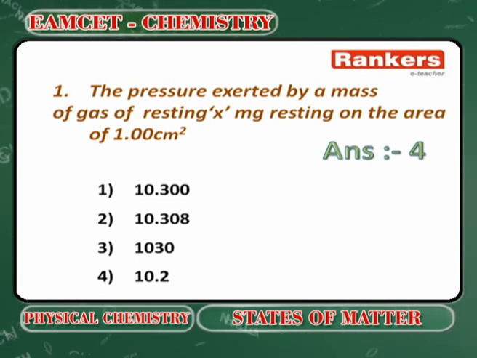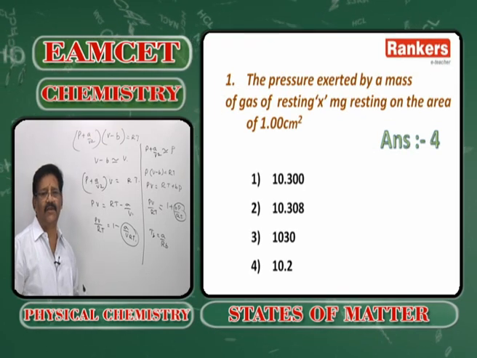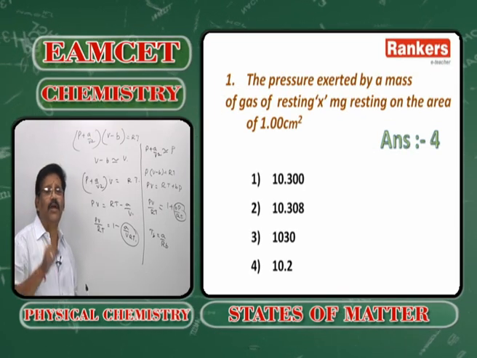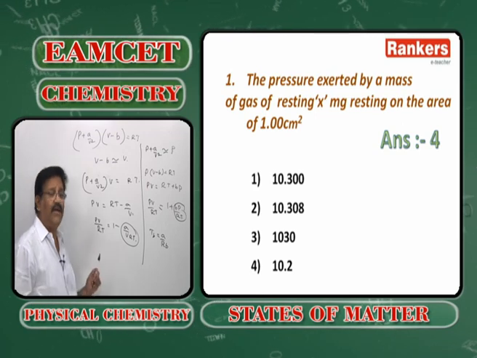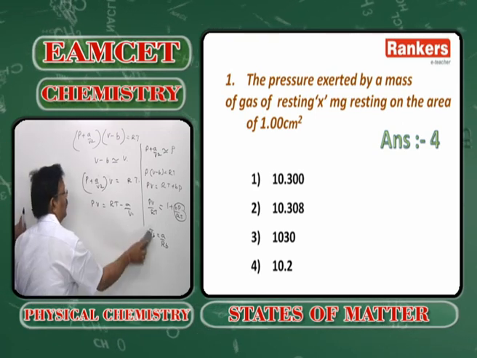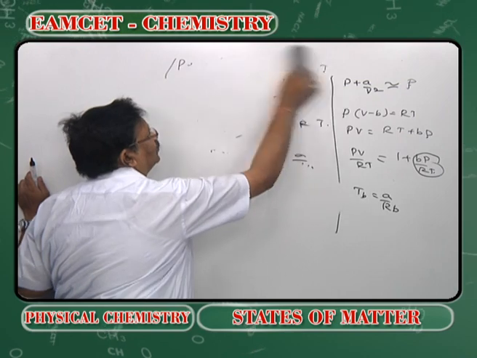The pressure is 1 Pascal unit, the mass is x g, the area it is covering is 1 square centimeter. Then we have to find the mass value.